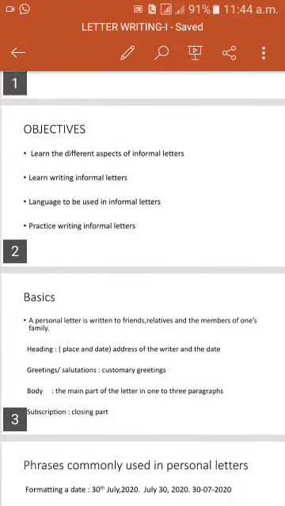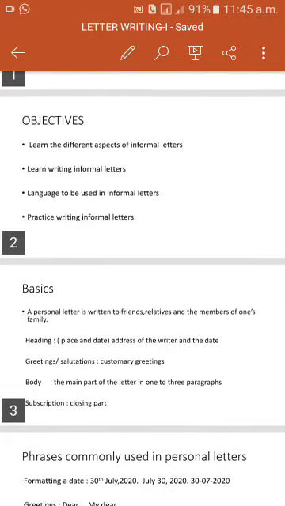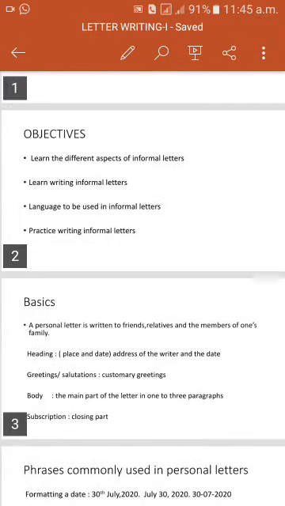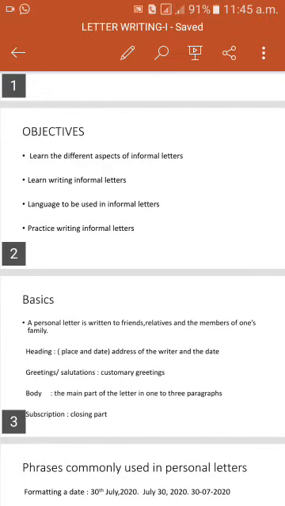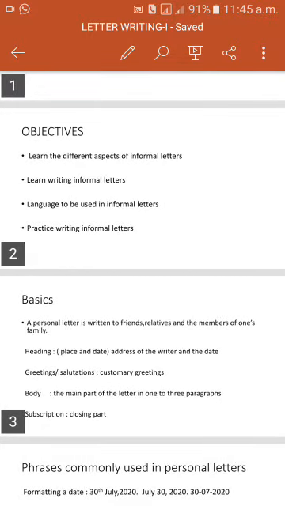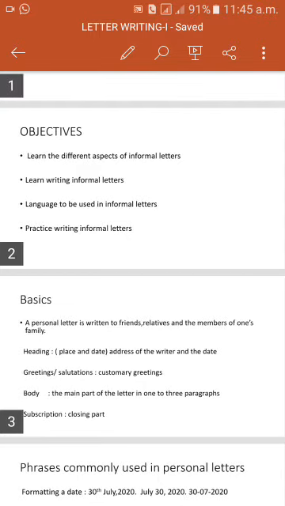So, these are the ways of writing letters. So, let us have a recap of this lesson. In the first place, we discussed the objectives of the lesson, that is, writing personal letters, informal letters, and practice of writing those letters.